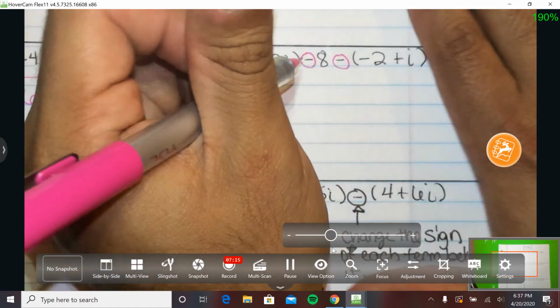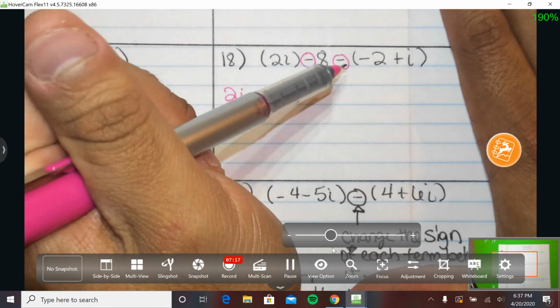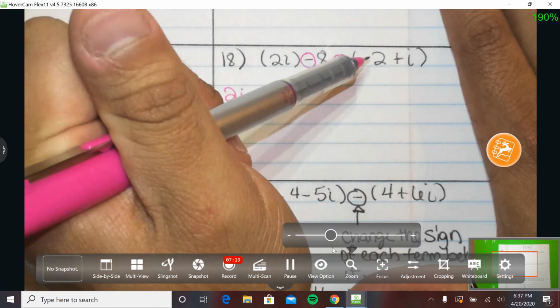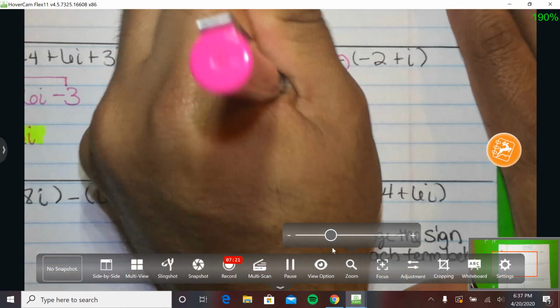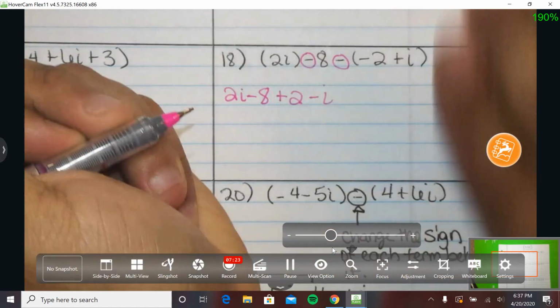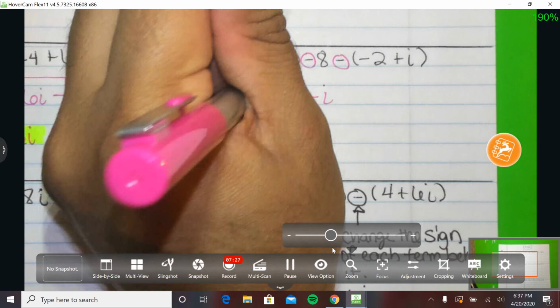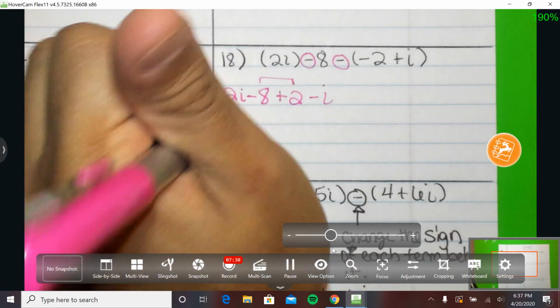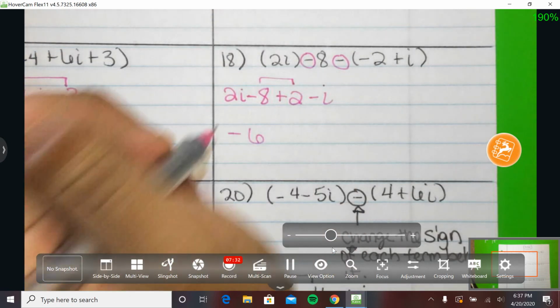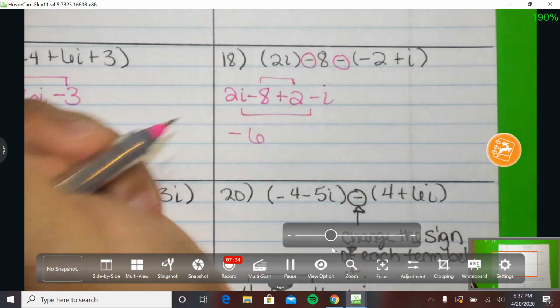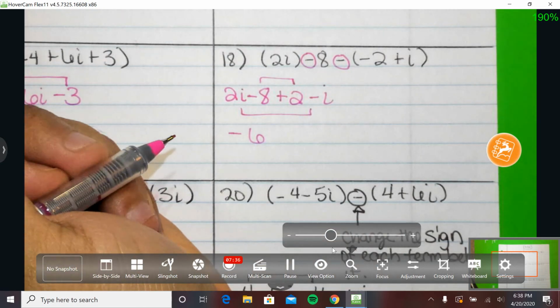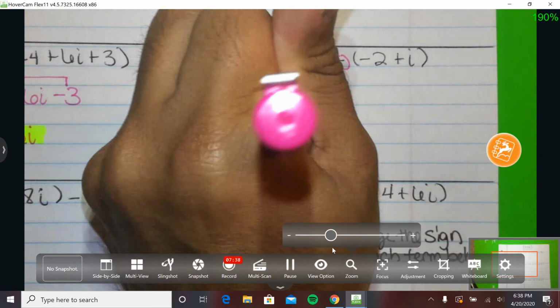Then here we have this second subtraction, so that's going to change everything here. So it's going to be plus 2 minus i. Let's combine our like terms. A negative 8 plus 2 is a negative 6. And then a 2i minus i is a positive 1i, or just a positive i.